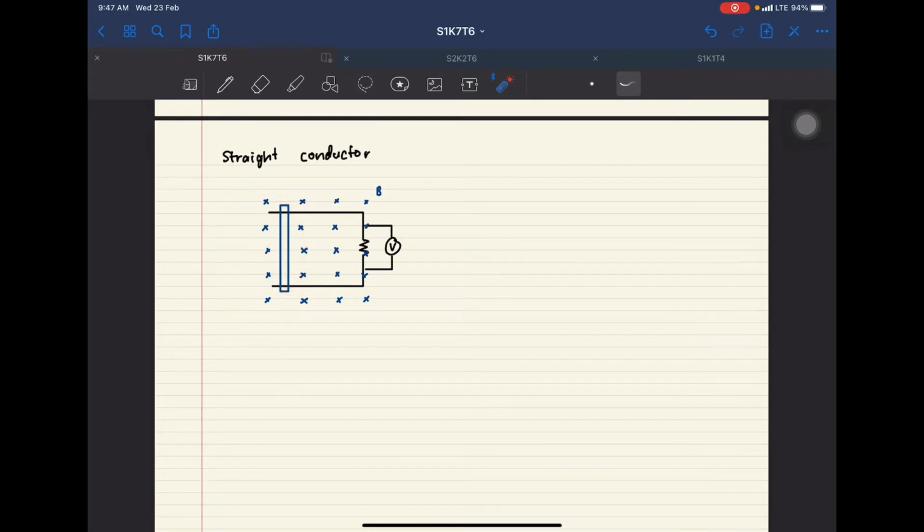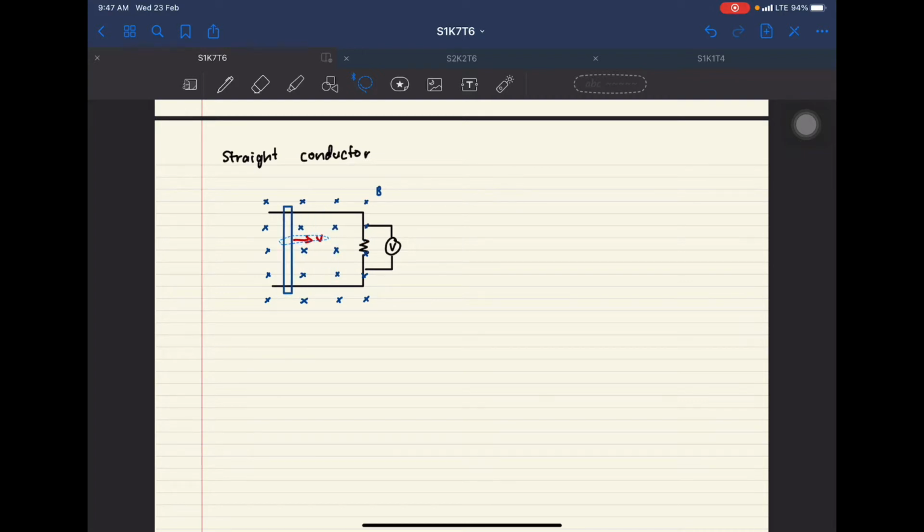So you can see that as it moves, let's say it moves to the right, this particular straight conductor makes a motion like it cuts off the magnetic field. So you can see that the area that it covers changes. Initially it has a bigger area, and then it becomes a smaller area in this case, right?